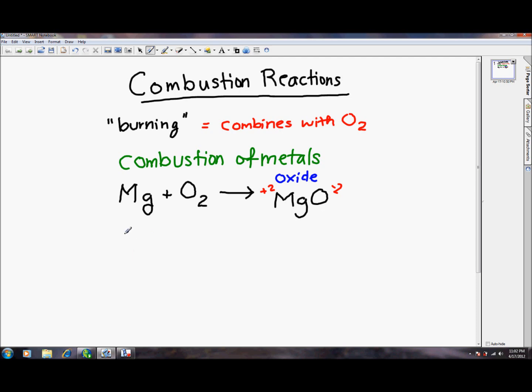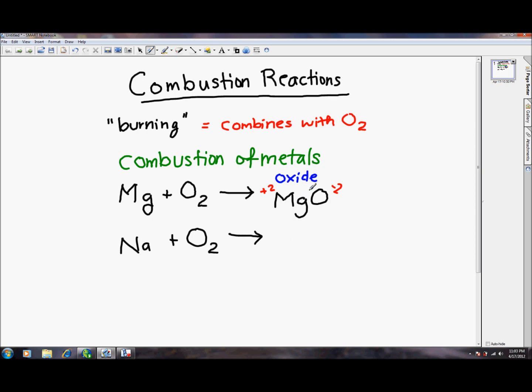So what happens when we combust a metal like strontium? Let's choose a different metal. Let's do sodium. So again, the word combustion means we're going to have to add the oxygen.